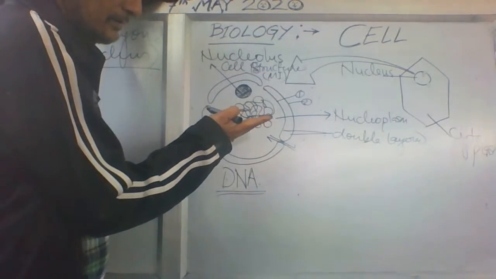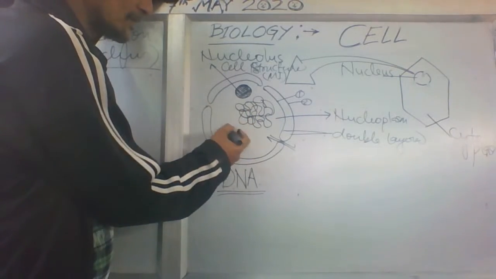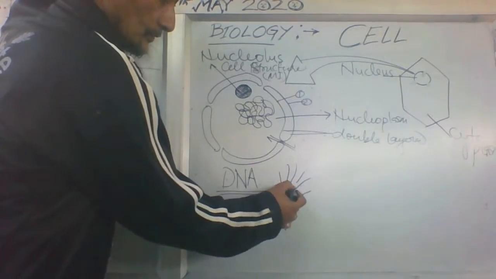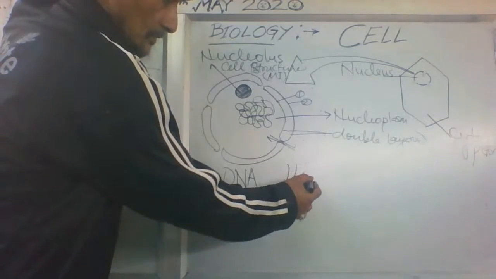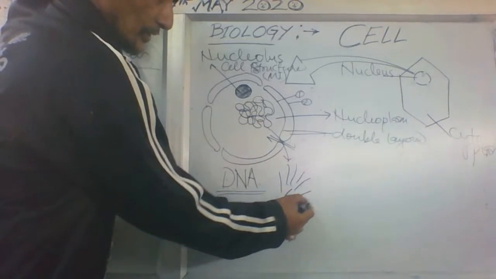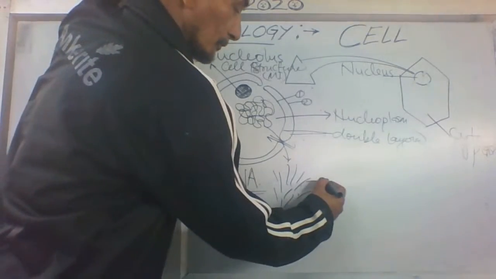When the cell goes for division, this DNA breaks into small pieces like this. These pieces are known as chromosomes.